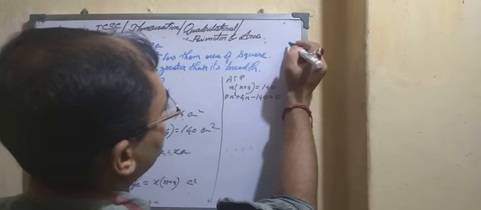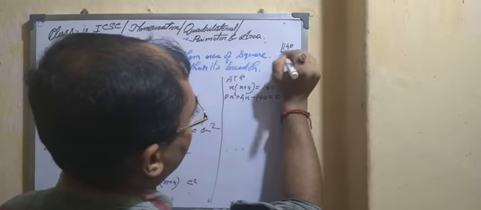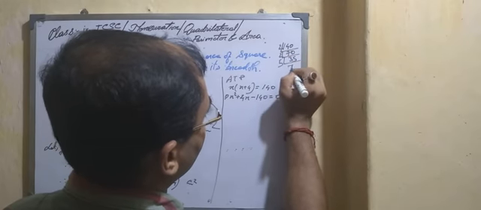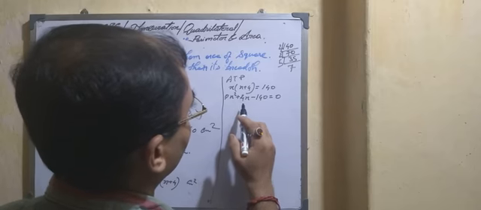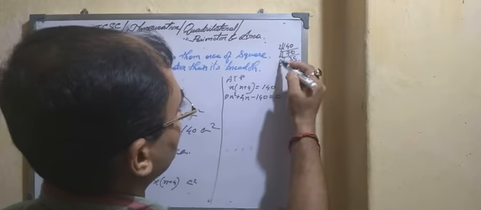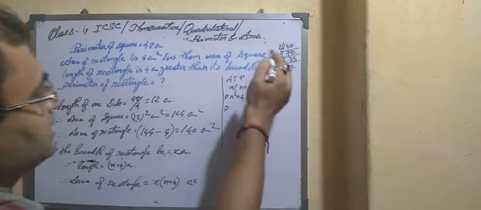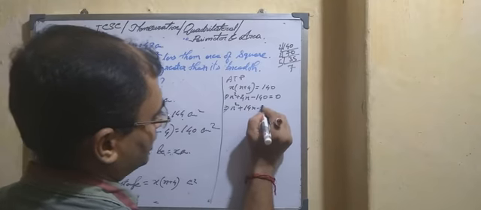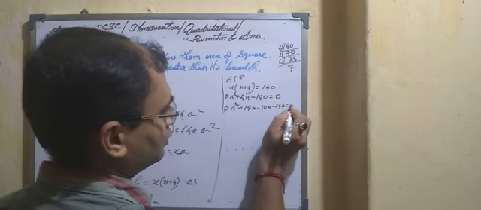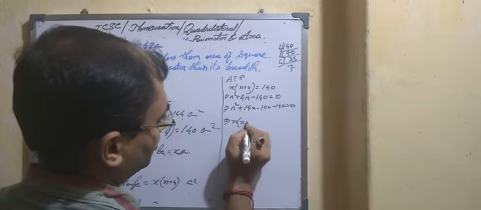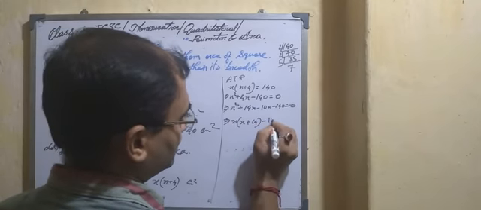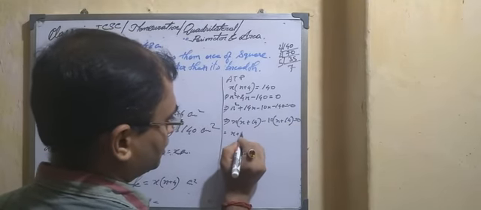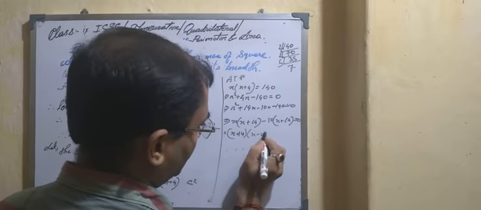Now you have to do middle term factor here. 140 is 2 into 70, 2 into 35, 5, 7. That will be 14 minus 10: x square plus 14x minus 10x minus 140 is equal to 0, x into x plus 14 minus 10 into x plus 14 equal to 0, that is x plus 14 into x minus 10 equal to 0.